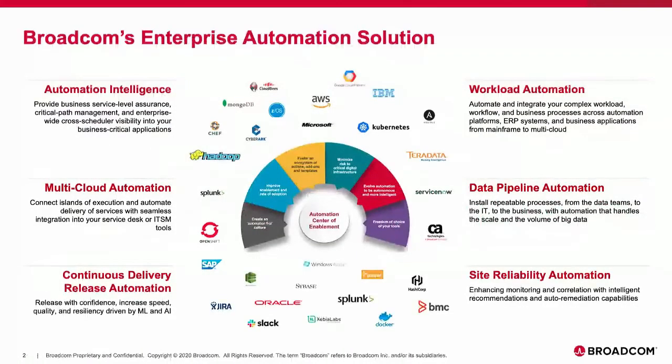And first, a few words about Broadcom. Broadcom has a global approach to automation. If you have attended the previous webinars of the series, you probably already know about our approach. We are not just delivering point automation tools. We are helping customers to adopt an automation center of enablement approach.